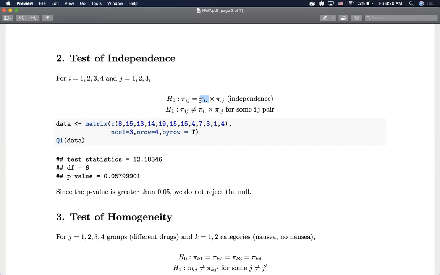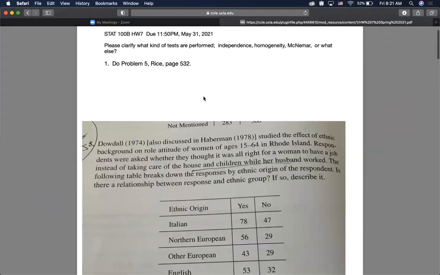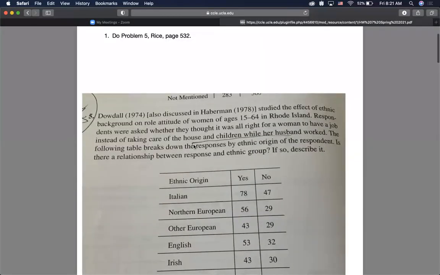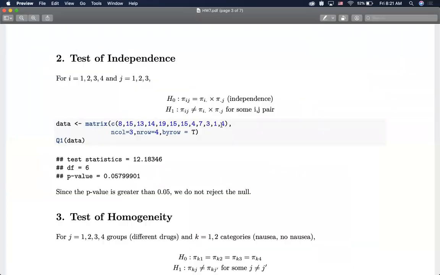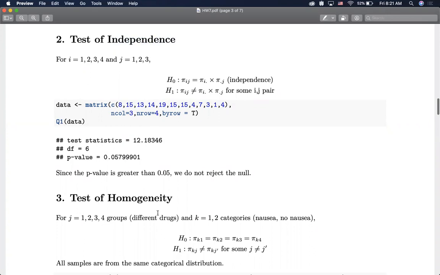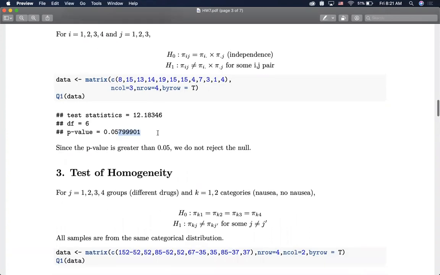The professor also told you yesterday to give more detail like that, instead of using words like the null is that there isn't a relation, alternative is there is a relation. Instead of using words, use the mathematical notation and then give a brief introduction about what your notation meant. So test of independence, call the function on this data, slightly greater than 0.05, so do not reject the null.